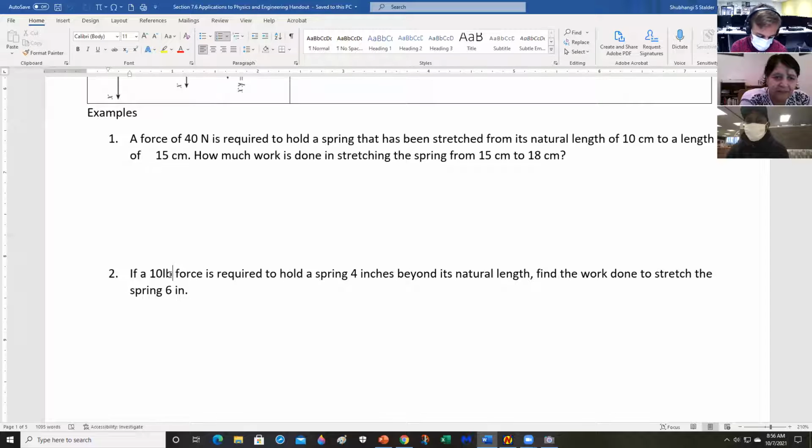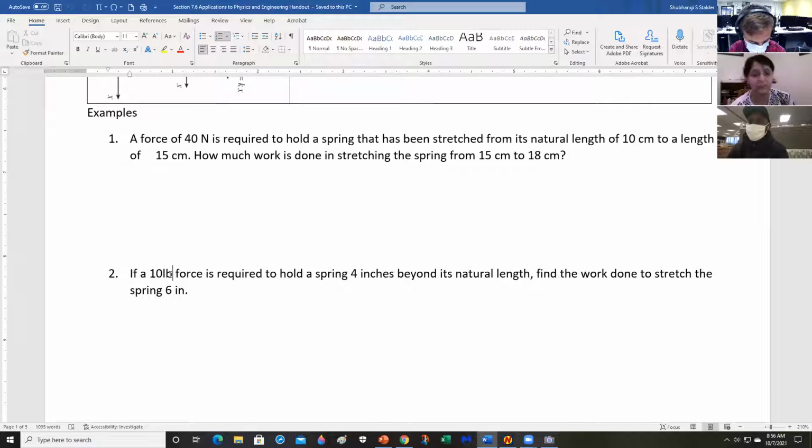Okay, so the 0.05 is just a distance. Right. So the natural length of the spring was 10 centimeters, right? And then you stretch the spring to 15 centimeters, which means from 10 to 15, that's a difference of 5 centimeters, which means whatever its natural length was, you stretched the spring 5 centimeters. So the label for k would be Newtons per meter.